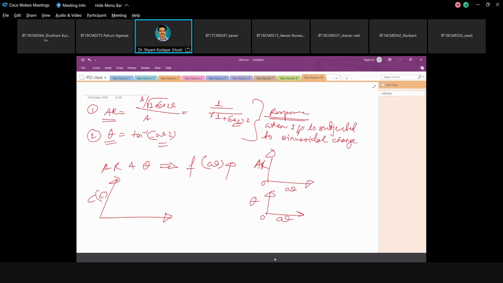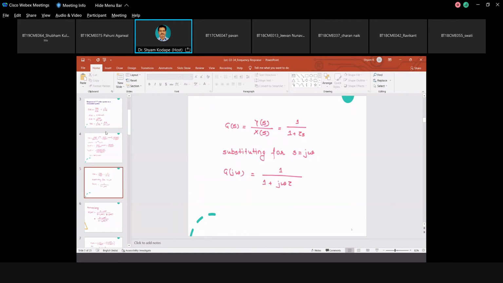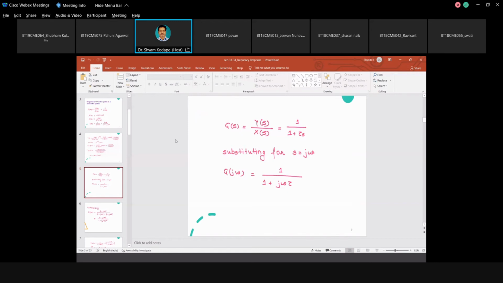We can identify the same results with the help of complex numbers also. We will compare the complex number derivation with this particular expression. Another way of representing the same results: G(s) is equal to Y(s) by X(s) is equal to 1 upon 1 plus tau s.